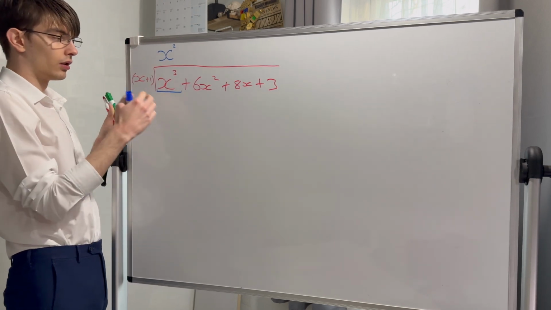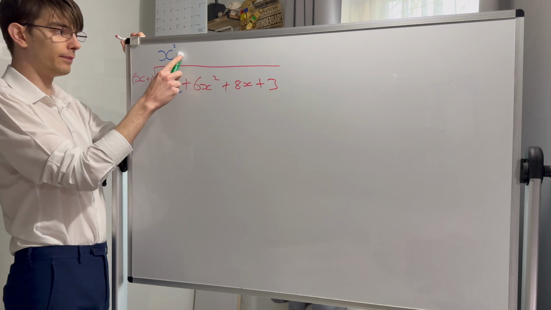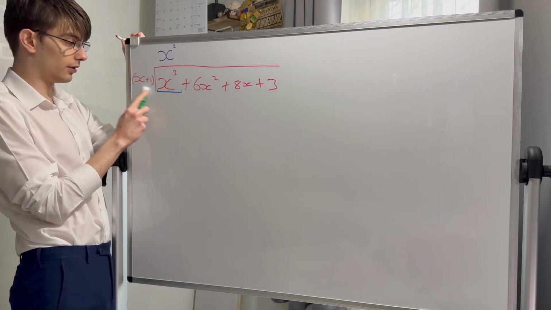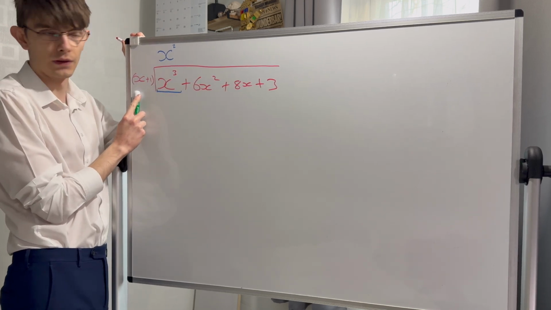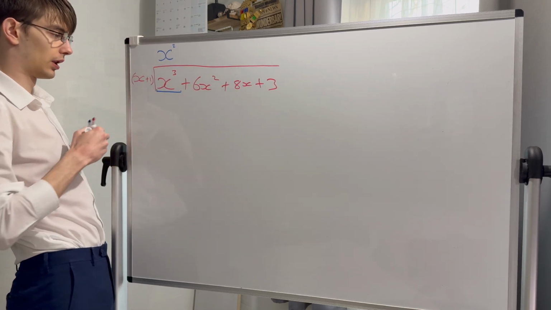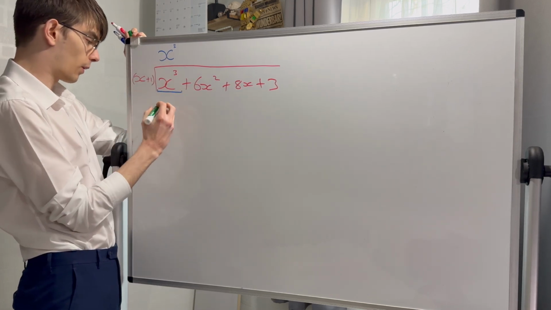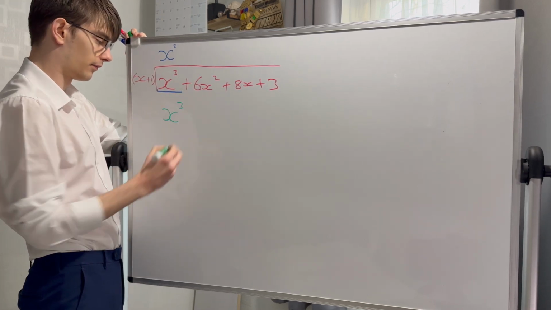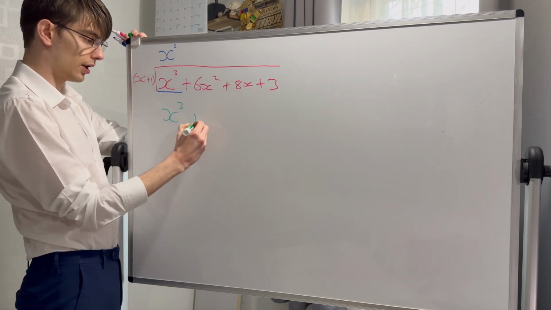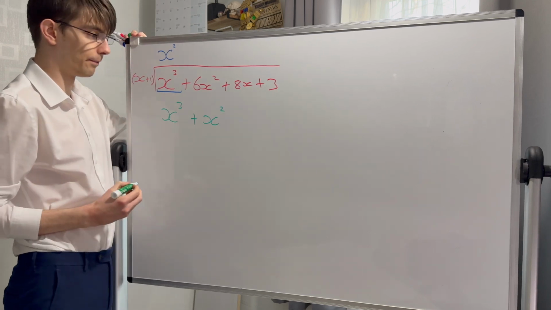So I've got that. Now what do I do? Well, I take what I've got up here and multiply it by my divisor. So I take the x squared and multiply it by the x plus 1. I'm going to write that out beneath here, and you'll see why in a second. x squared times x is x cubed, plus x squared times 1 is x squared.